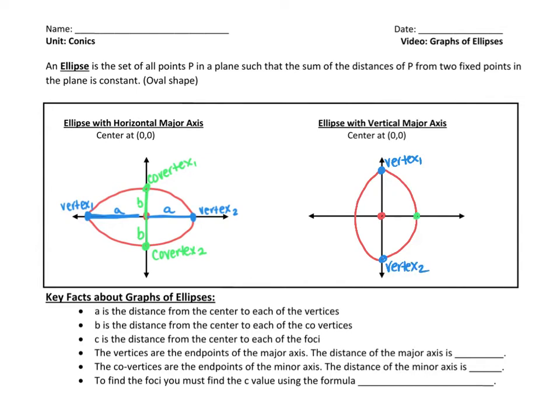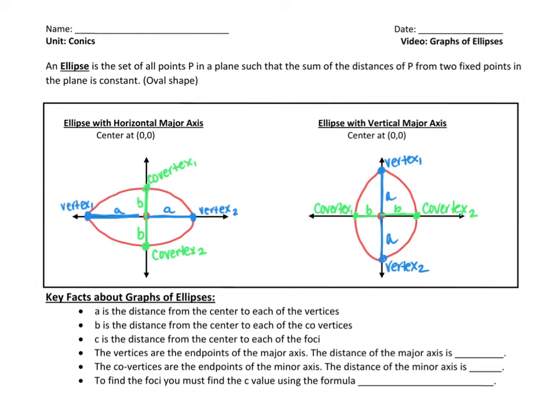And these values here and here are your co-vertices. So we can call this co-vertex 1, and this co-vertex number 2. And again, the distance from the center to each of these vertices is A, and the distance from the center to each of the co-vertices is B.